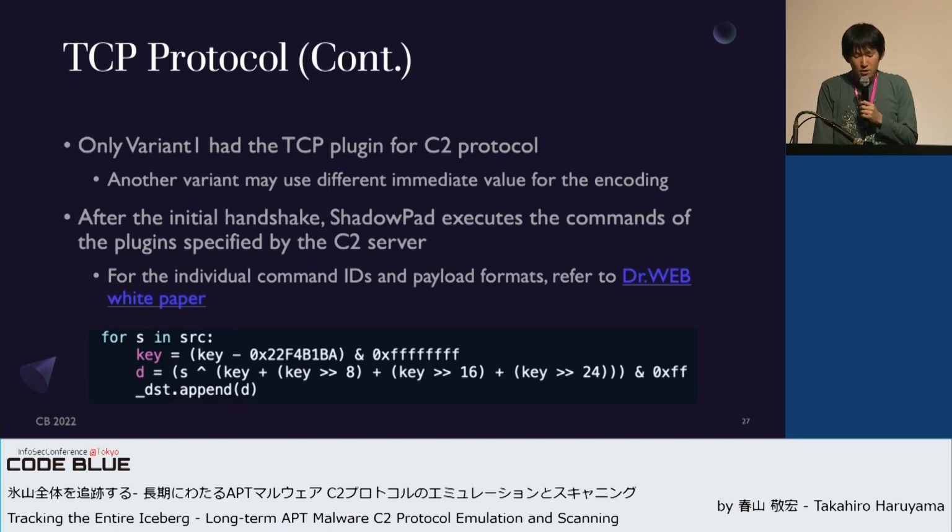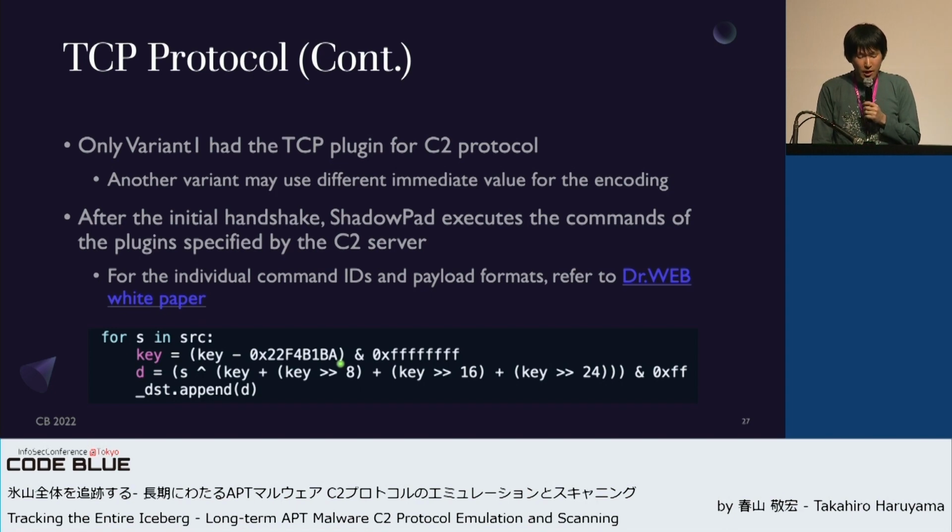The TCP protocol packet encoding is like this in Python. Among the ShadowPad variants that I analyzed, only variant 1 had the TCP plugin for C2 protocol, so another variant may use a different immediate value for the encoding.